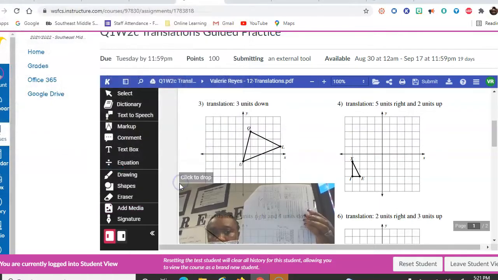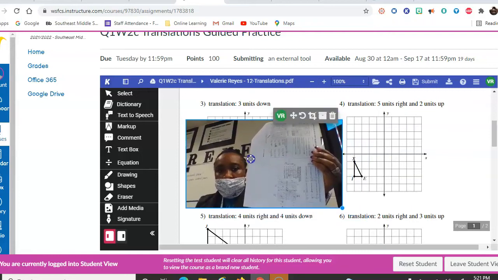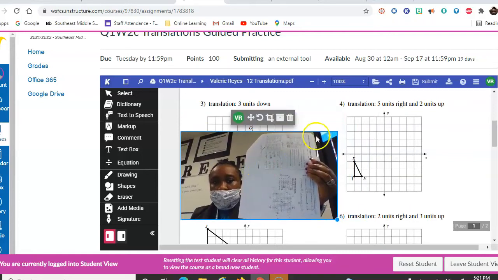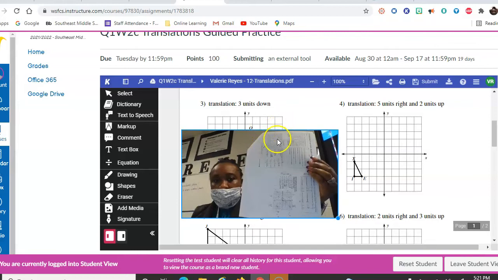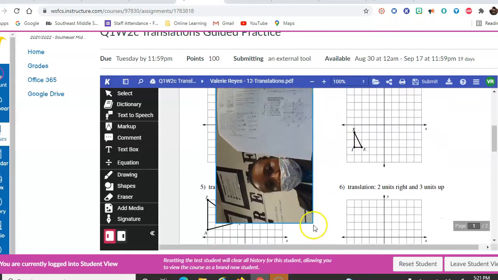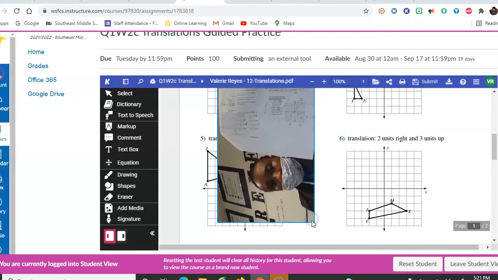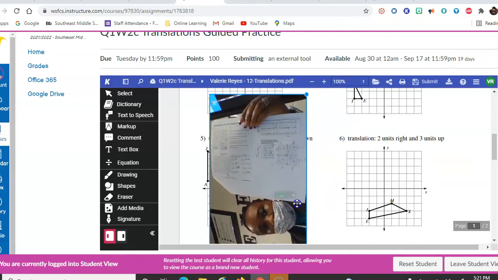I don't think I got them all. If I need to turn this around, I can, when I click on it, turn it so that I can see the words, and then I can make it bigger. Drag it so you can make it bigger. But this is not the right picture.